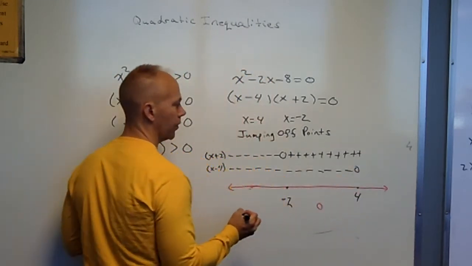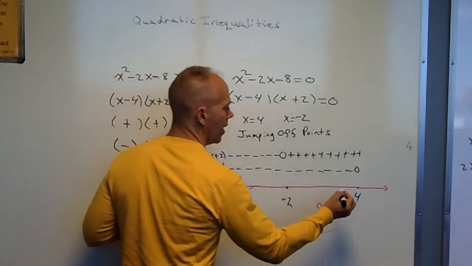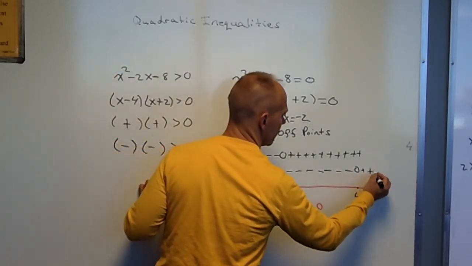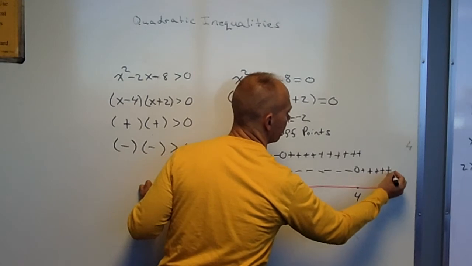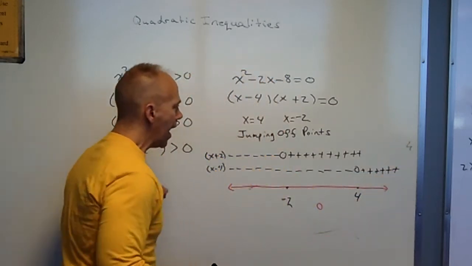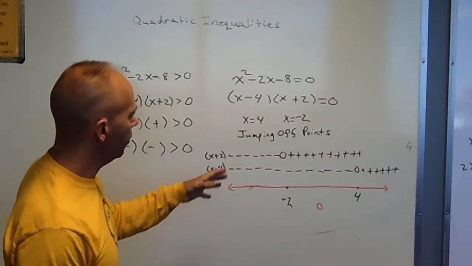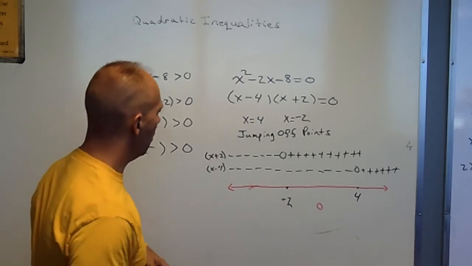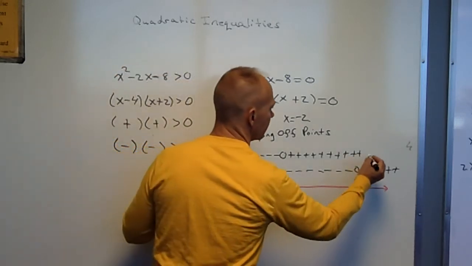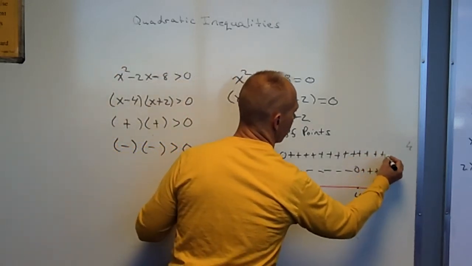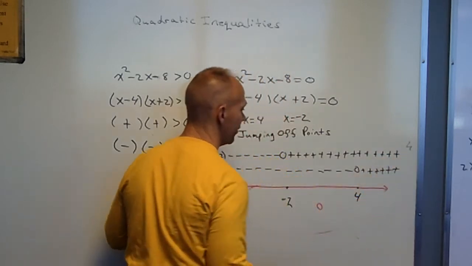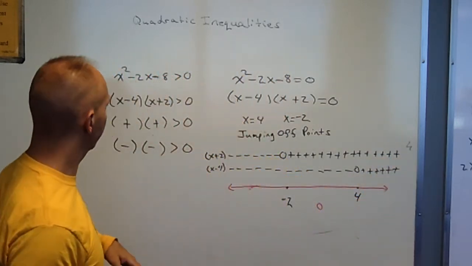At x equal 4, it's 0, and then it turns positive. Now, I've got a picture on the number line here of the signs of both of these factors, where they are positive and negative.